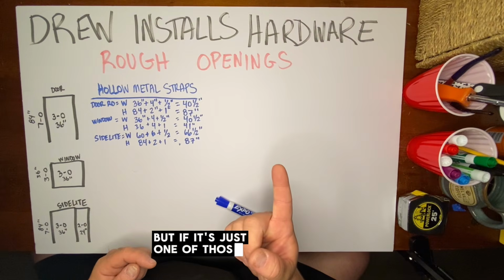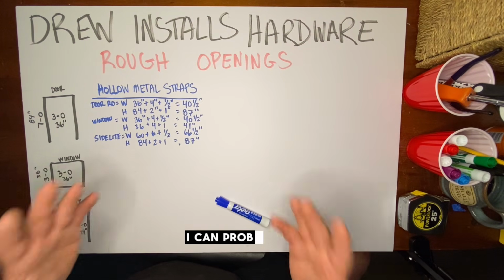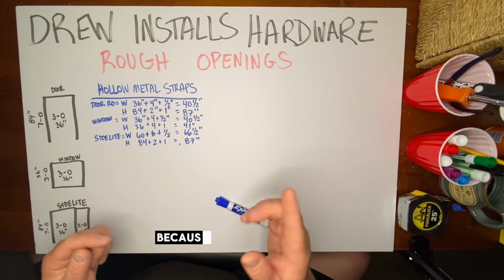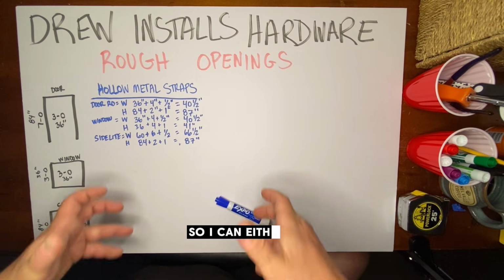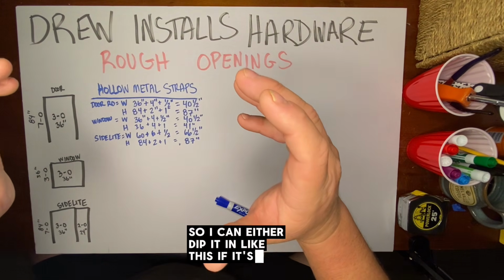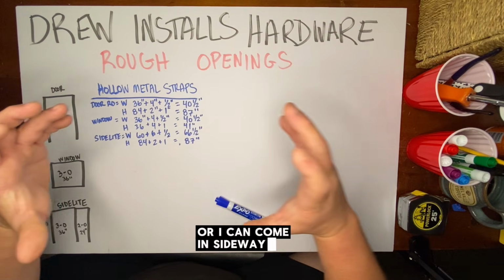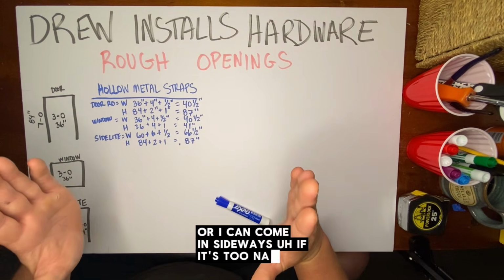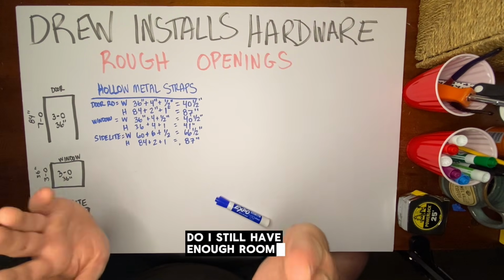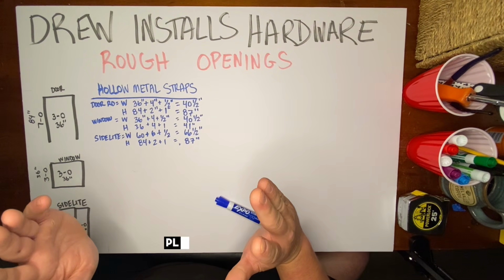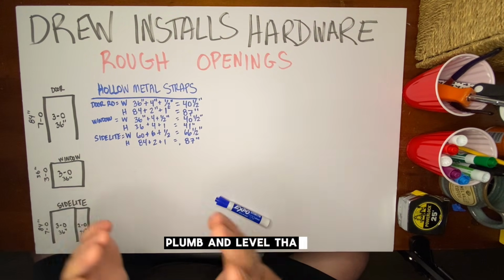But if just one of those conditions exists, I can probably still fit the frame in because there's that hollow gap inside the frame. So I can either dip it in like this if it's too low, or I can come in sideways if it's too narrow. The problem is though, do I still have enough room to plumb and level that baby?